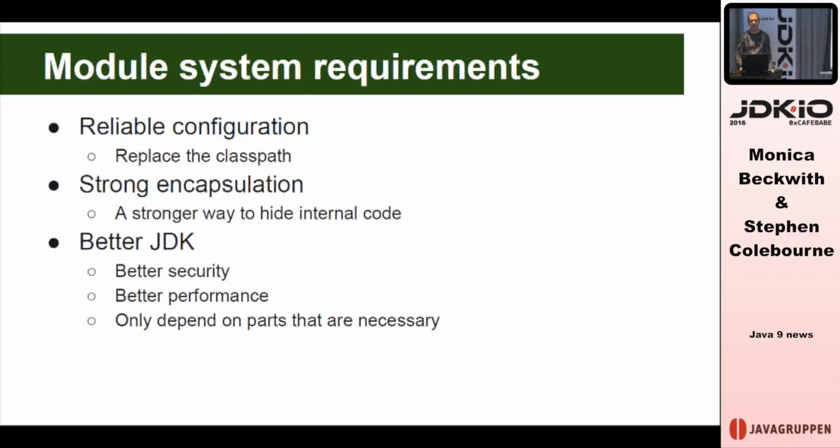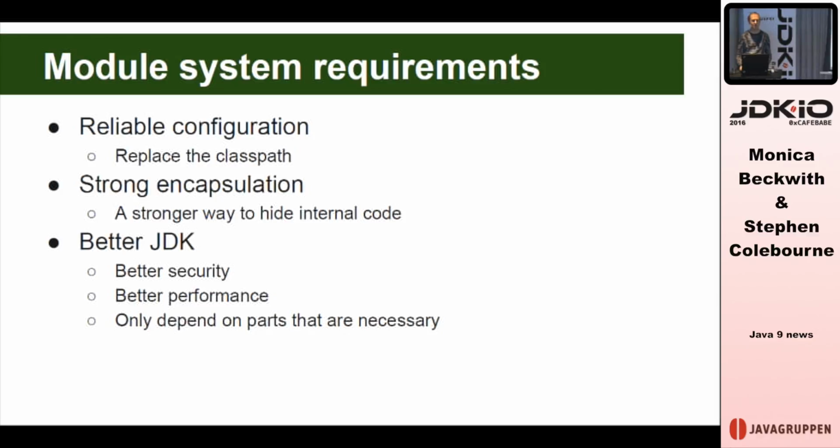It also is intending to provide strong encapsulation. So this refers to a better way of hiding internal code. Now, if you have ever written a big system, you've probably had a package that was called com.mycompany.internal or .impl, where you were using that package name to indicate that nobody else should be calling that code.